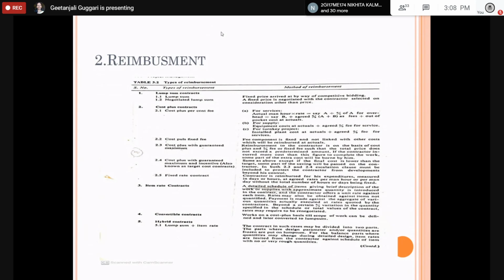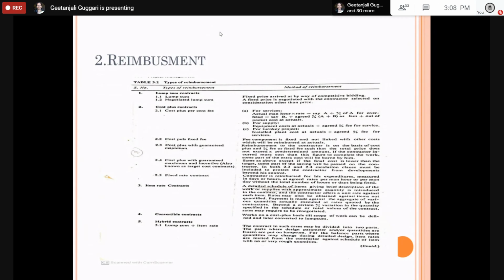So the second one is cost plus contractors. The third one is cost plus fixed fee contractors, cost plus with a guaranteed maximum. The fee component is fixed and not linked with other costs, which will be reimbursed at actuals. So he is going to get some fixed amount. There is one more type of reimbursement, that is item rate contractors.